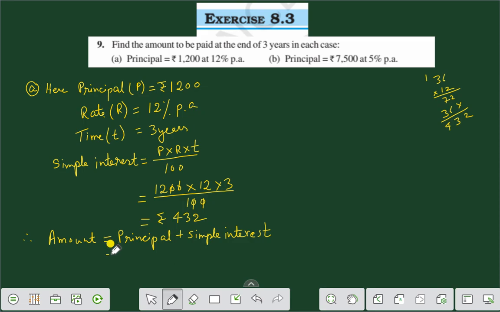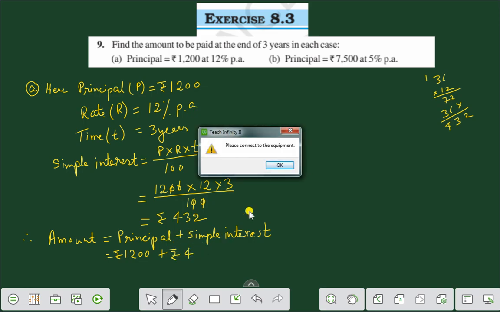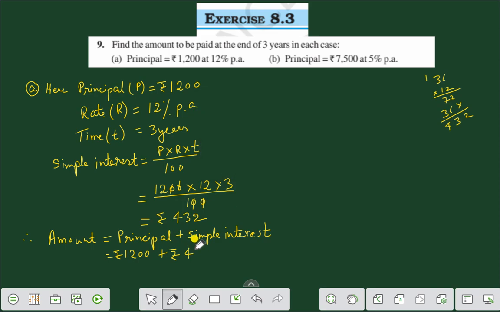Therefore, amount is equal to principal plus simple interest. Here principal is rupees 1200 plus simple interest rupees 432.